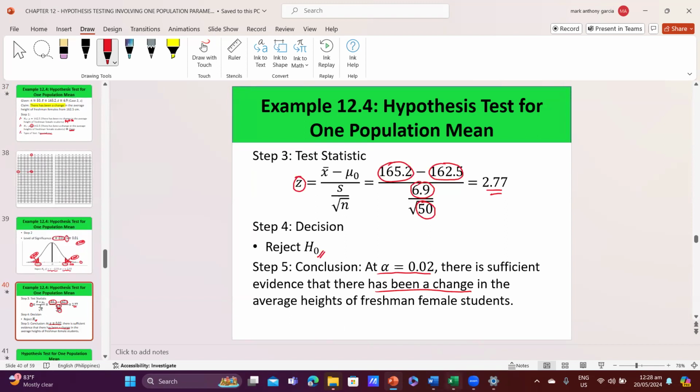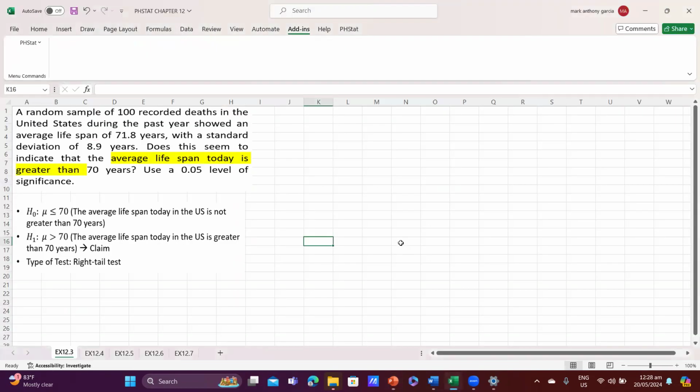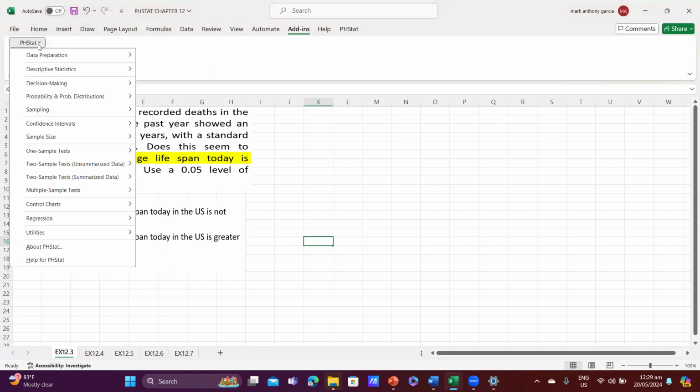Now, we can make use of PHStat in order to determine the decision of the hypothesis testing. So in example 12.3 earlier about the age of American people, we can make use of PHStat by using one sample tests and then the Z test for the mean, sigma is known.